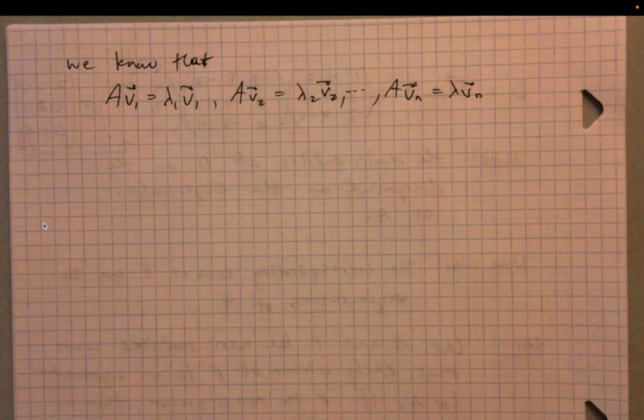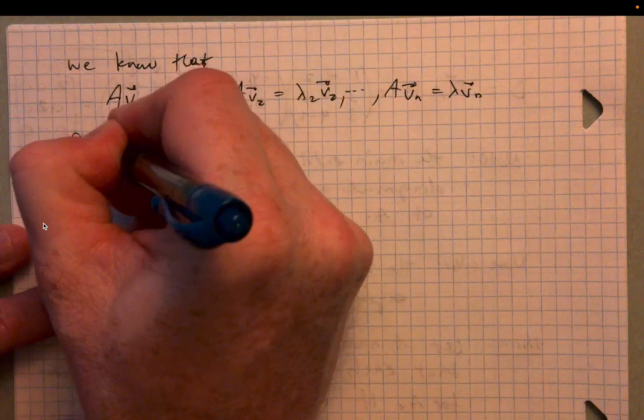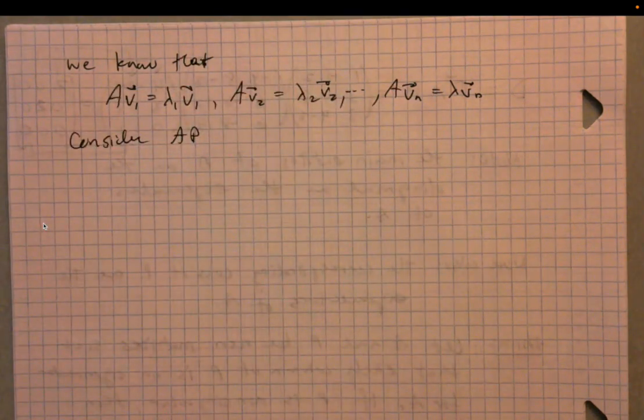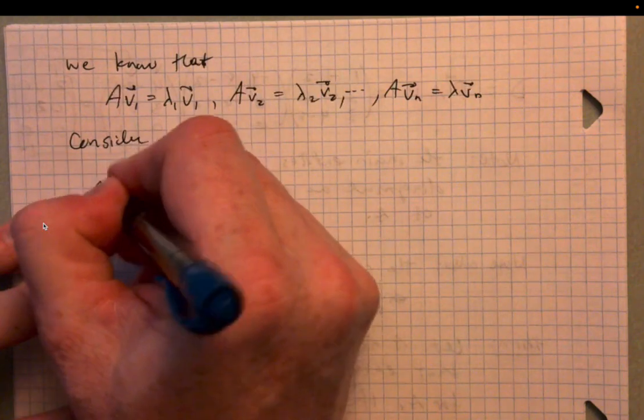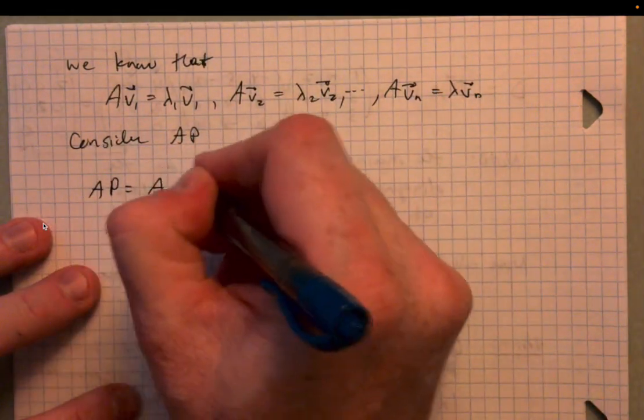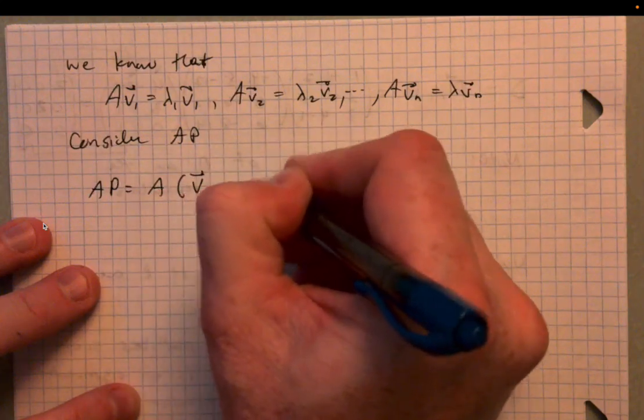So let's consider the product AP. The matrix A times this matrix P, which is comprised of columns of eigenvectors. So AP is equal to A times V1 dot dot dot Vn, right?